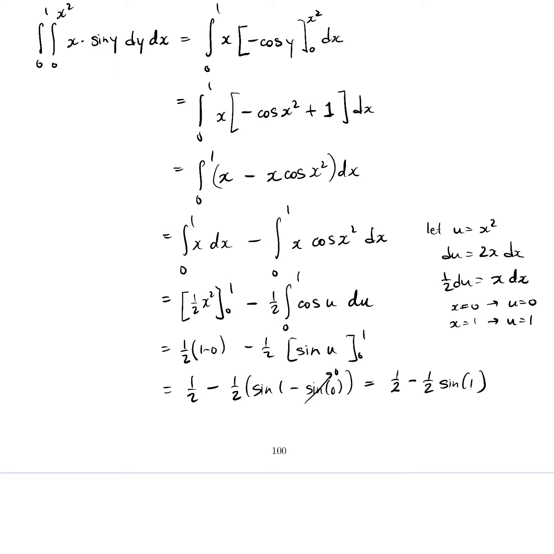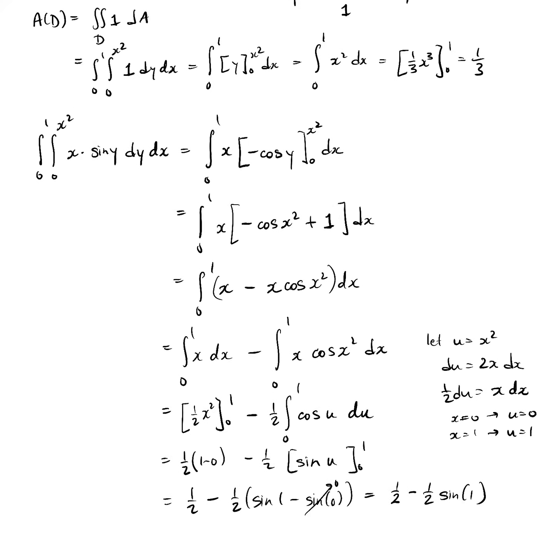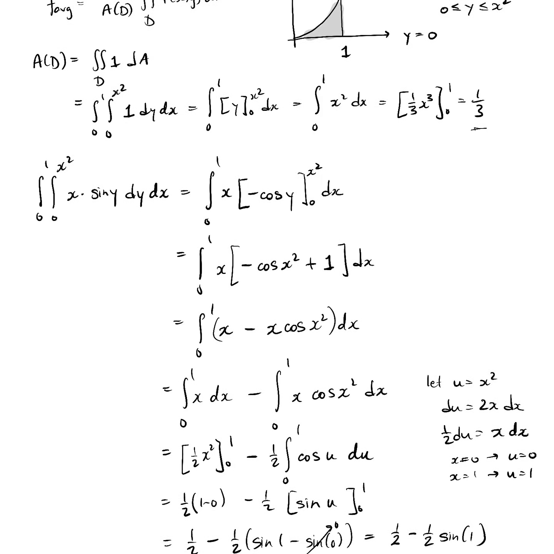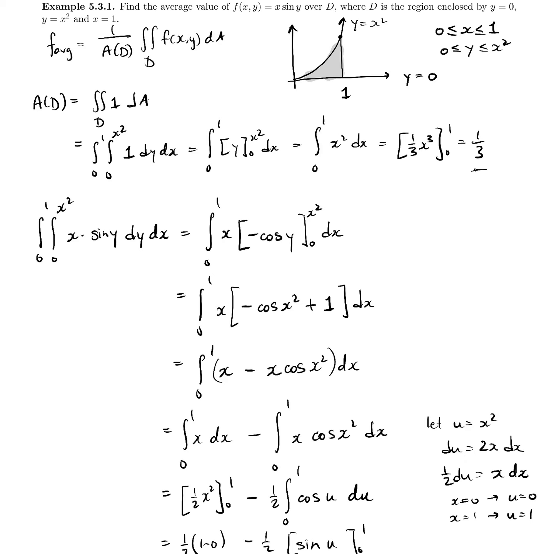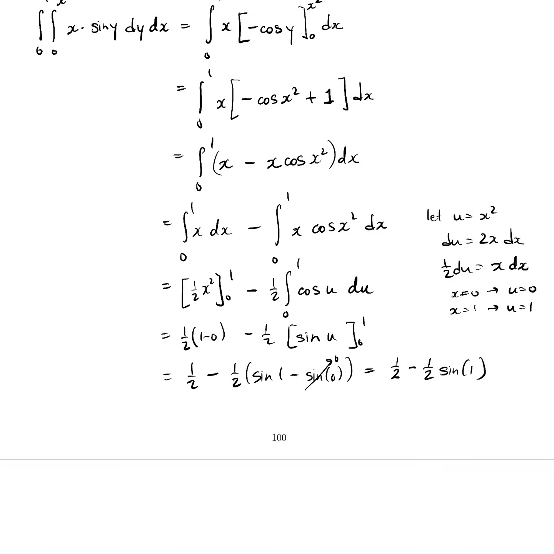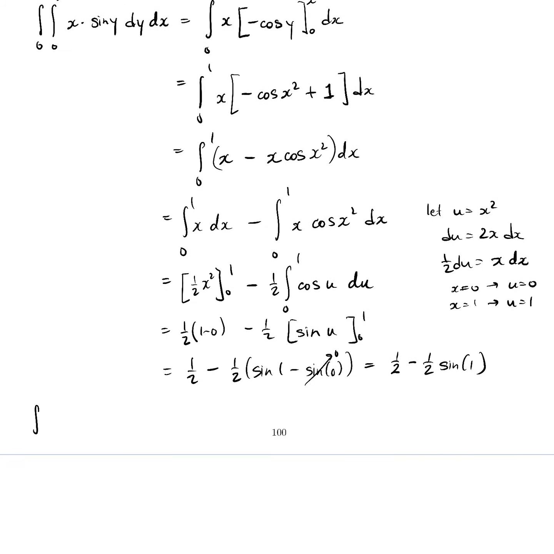Now, that's the integral of the function. We had the area up above, which was 1/3, and then we have the average value that we want. So if we have those two components, we can write f average is 1 over the area of D times the integral over D of f(x,y) dA, which is 1 over 1/3 times this, 1/2 minus 1/2 the sine of 1.